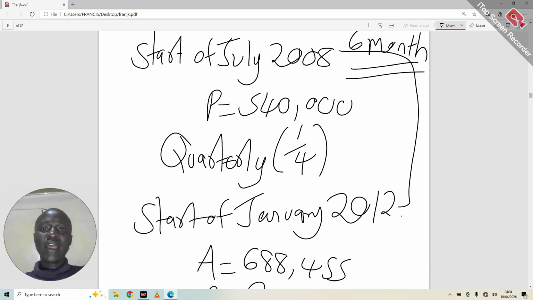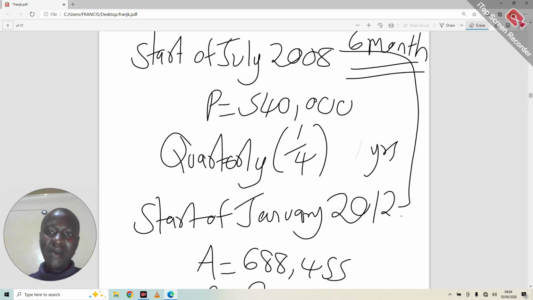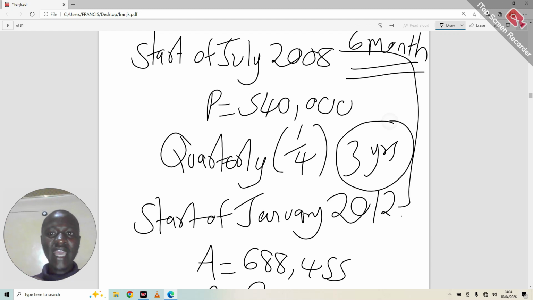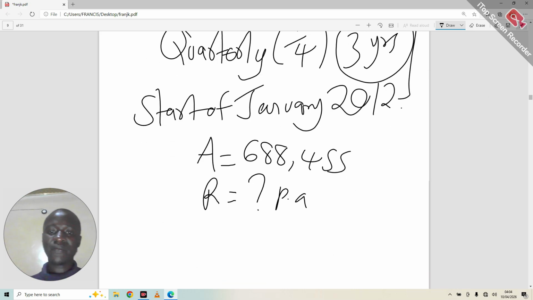So having that, now 2008 has ended. What's the year after 2008? 2009, 2010, 2011. Those are 3 years. Remember, the start of January 2012 is not included, so our year will end at the end of 2011. That gives a total of 3 years together with 6 months, the same as 3.5 years.